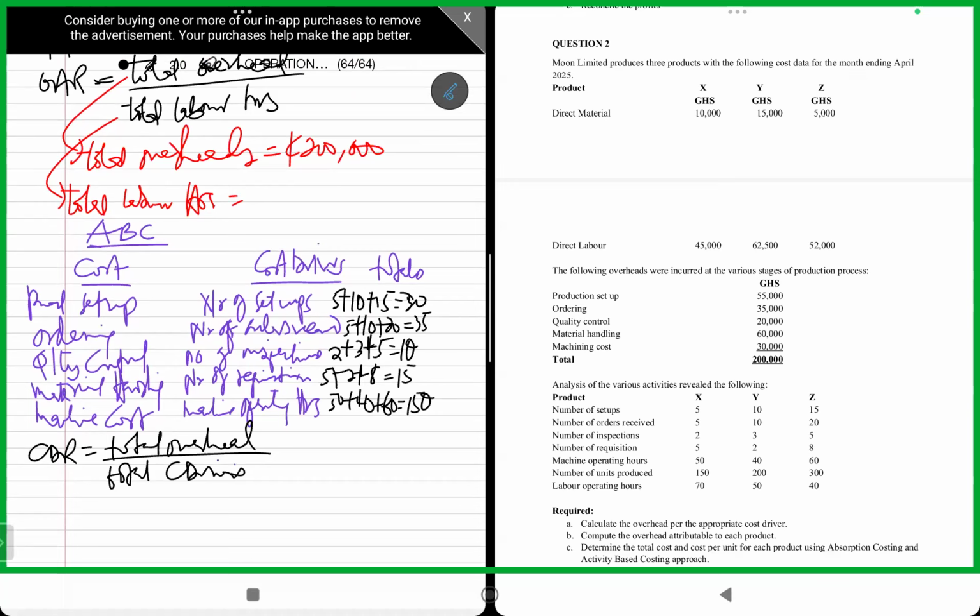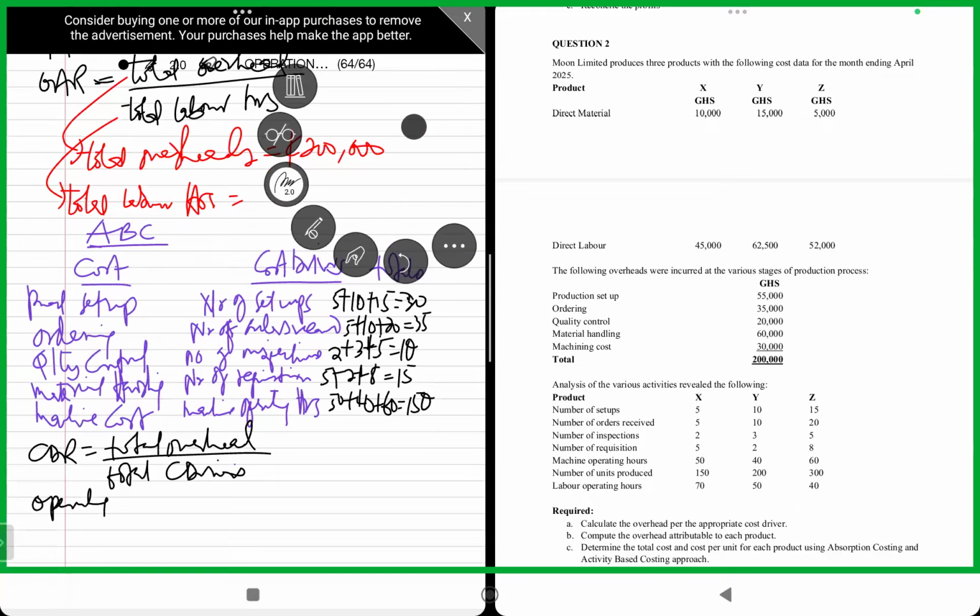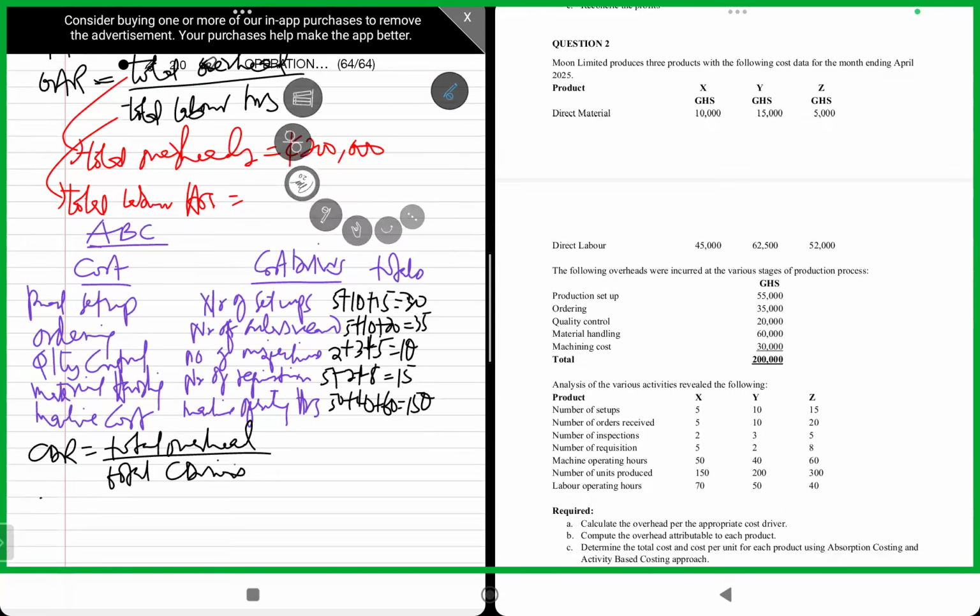So if I pick an overhead cost like production setup, or let me put it this way, CDR for production setup. It's an overhead. Equals, what's the total overhead for production setup?